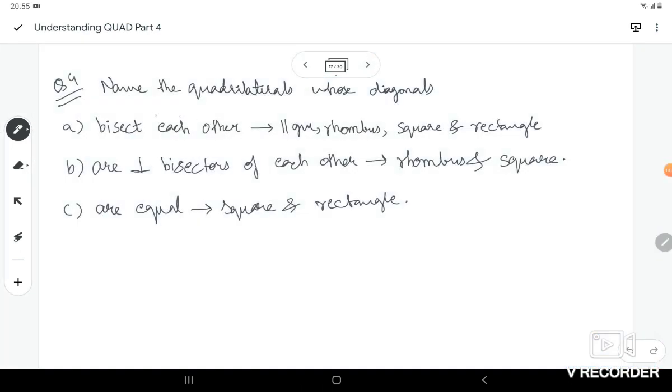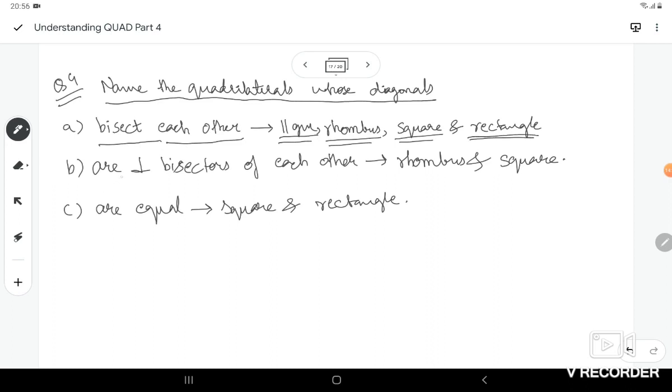Now moving on to the next question. It says name the quadrilaterals whose diagonals bisect each other. So those quadrilaterals are parallelogram, rhombus, square and rectangle.